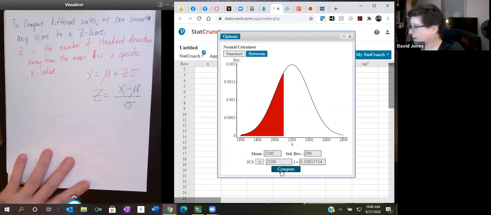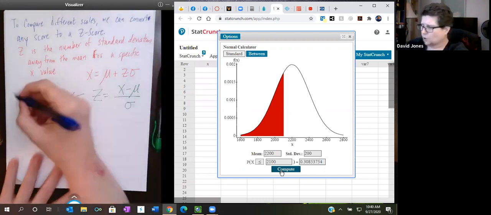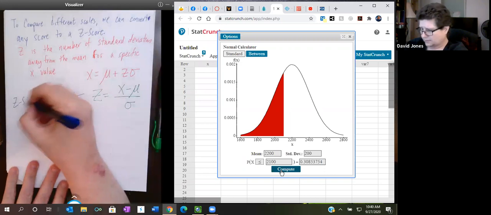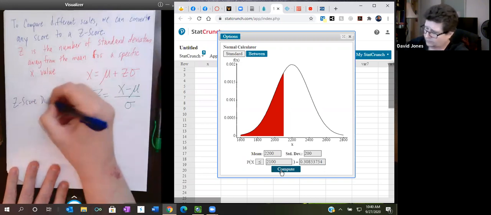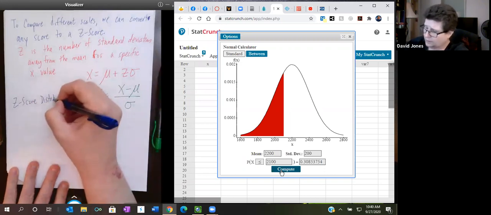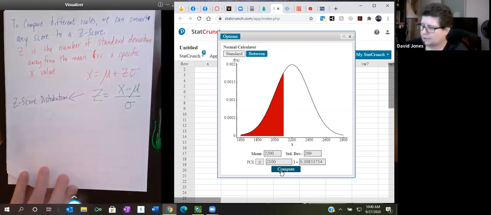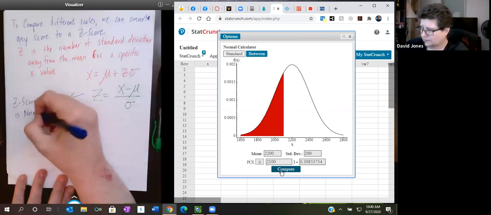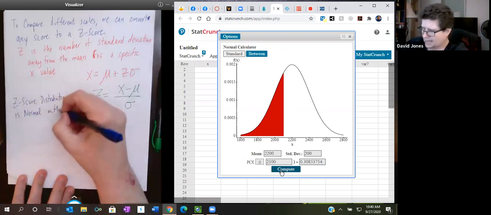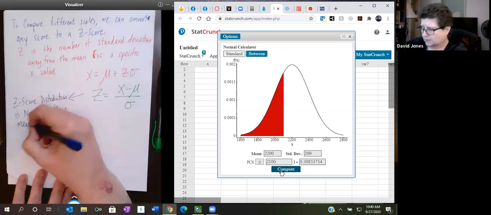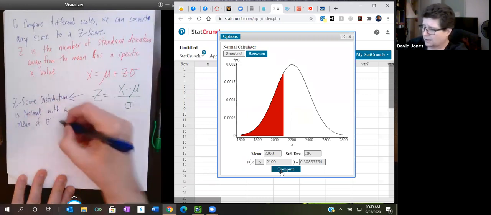In z-score form, the z-score distribution is normal, with a mean of 0 and a deviation of 1. All we've done is change the scaling on the bottom.